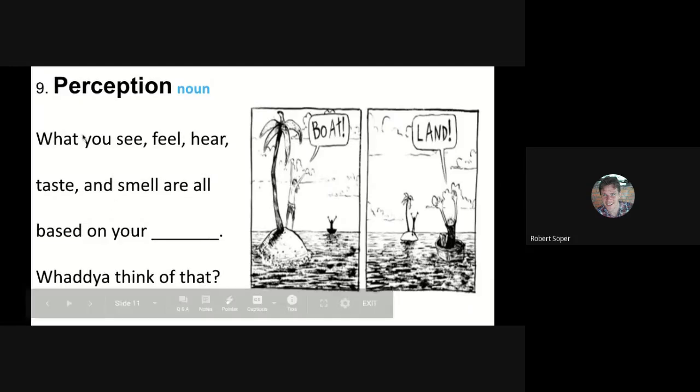Okay? So what do you think your perception would be like if you didn't see, feel, hear, taste, and smell? Your perception would be seriously stunted. In fact, to be able to perceive, we need to be able to use our senses. This makes us more aware. It makes us more observant.